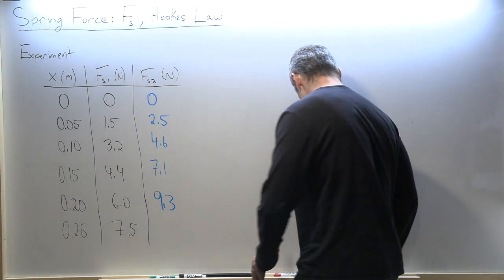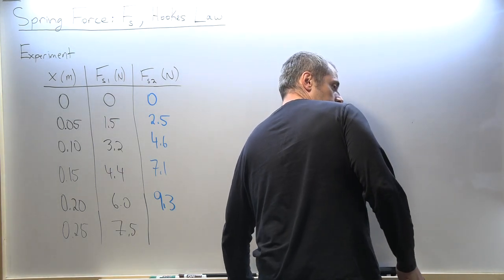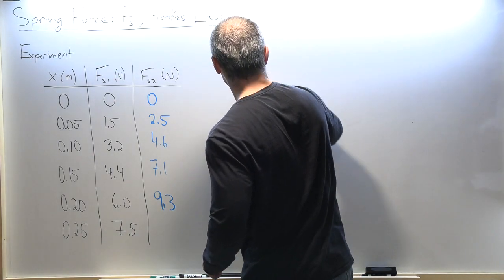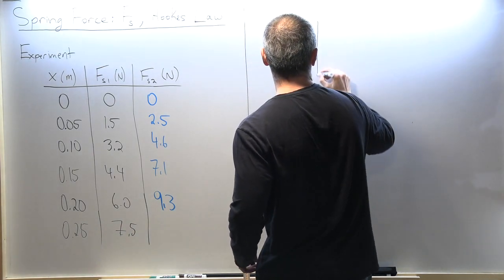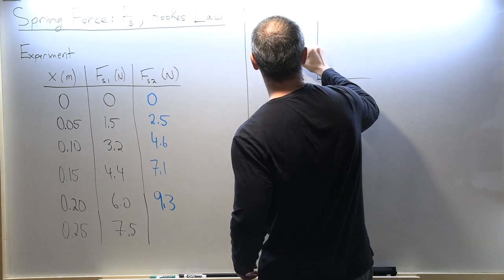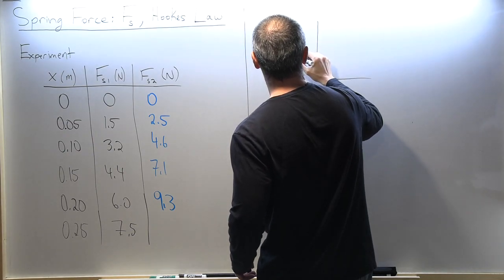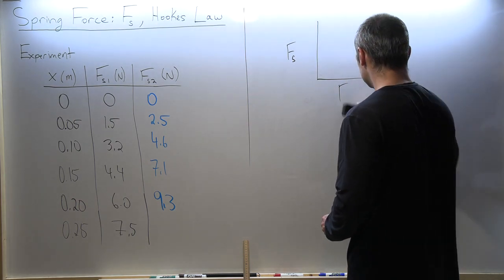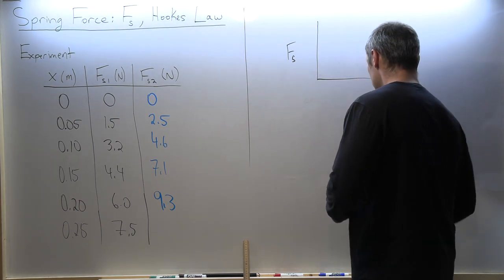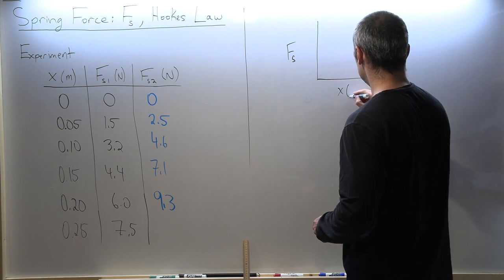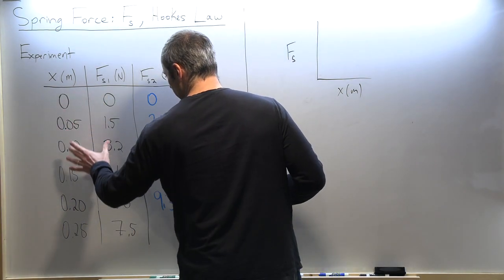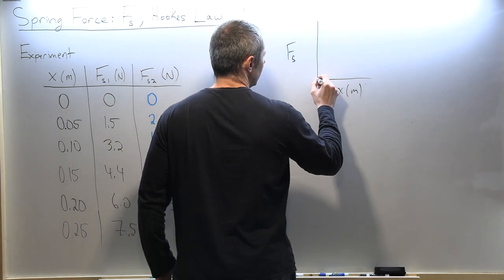Okay, and then I'll just create a real quick graph. F spring, x in meters. And the first set of data would plot something like this.